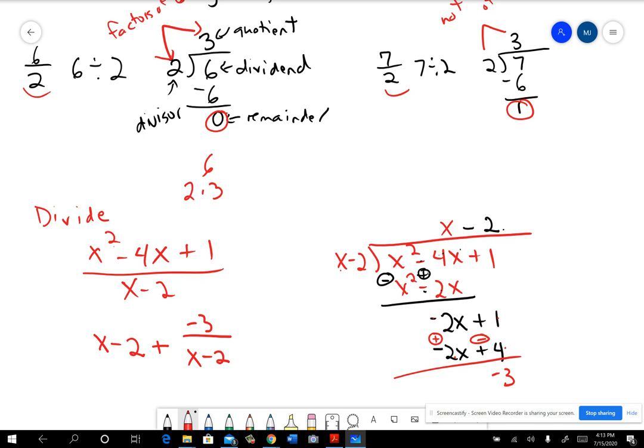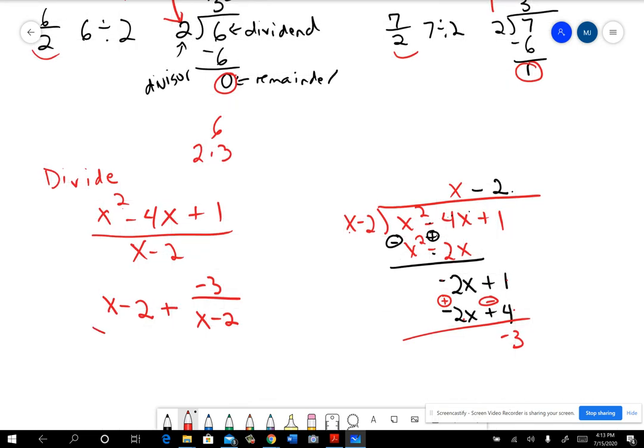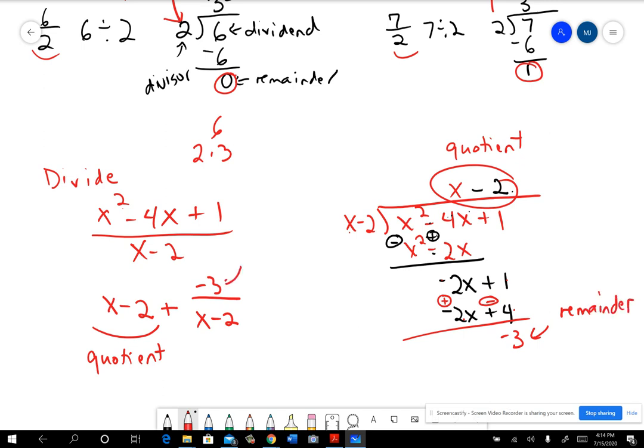Okay, and that's the way I would write my answer. This right here is the quotient, and see how that's just like when we had the numerical examples above it, okay? This right here is the remainder. So look where it went. It's right here. Okay, and then this right here is what I was dividing by, the divisor, and that's its location in this form.